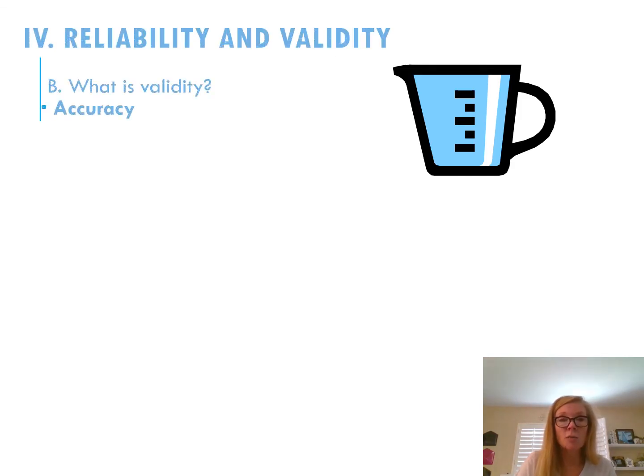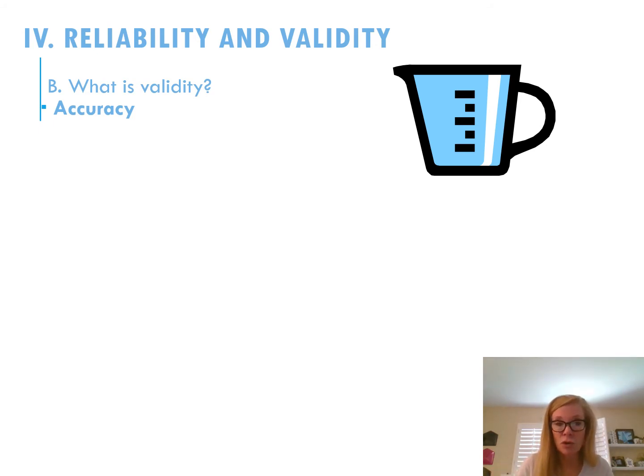All right, so that's reliability. Now we're going to talk a little bit about validity, which is the other important psychometric property. Validity is also computed using a correlation coefficient. However, where reliability refers to consistency, validity refers to accuracy, and that is the veracity of it.